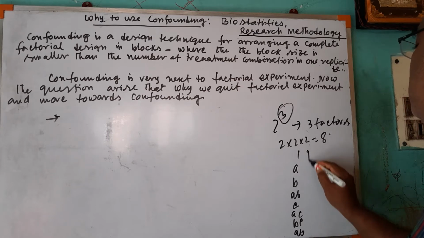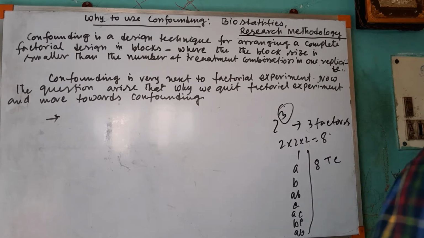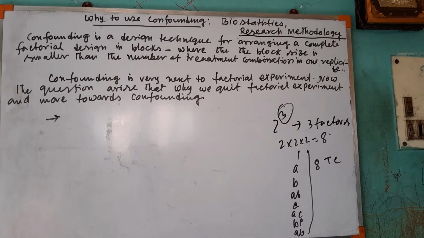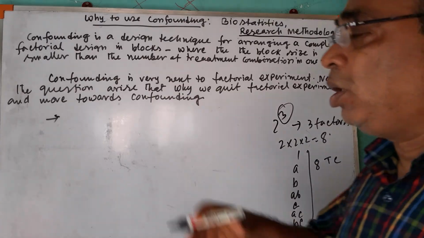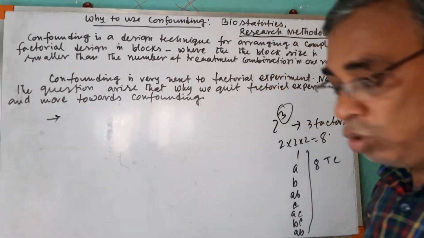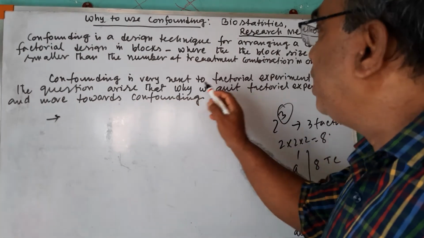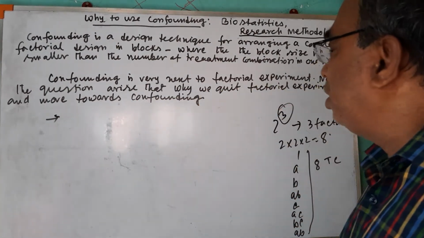These 8 treatment combinations we have to arrange into blocks by the confounding method. I have already shown this. So confounding is very next to factorial experiment.